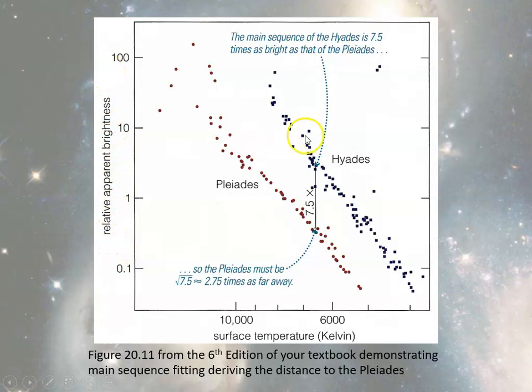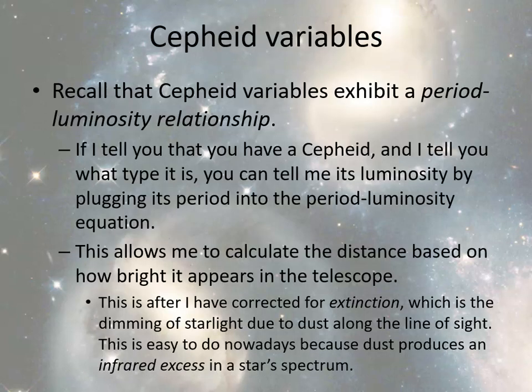And if you make it apparent brightness, the idea is, at least if you do this with the Hyades and the Pleiades, you find that the same stellar type, like say an A-type or a G-type star, will be 7.5 times dimmer for the Pleiades than it is for the Hyades. What does that tell us? It tells us that the Pleiades are the square root of 7.5 times, that is about 2 3/4 times, as far away as the Hyades. So if you get the distance to the Hyades using parallax, then you just multiply that distance by 2.75 to get the distance to the Pleiades.